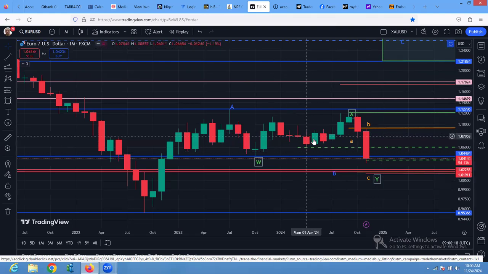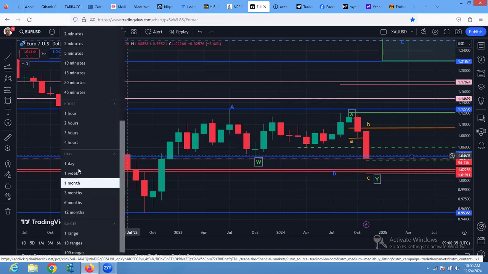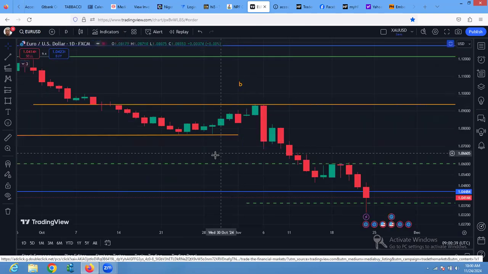So let me do something. Let me look for this area of support for A. Let's go and fine tune on the daily and see what we get.